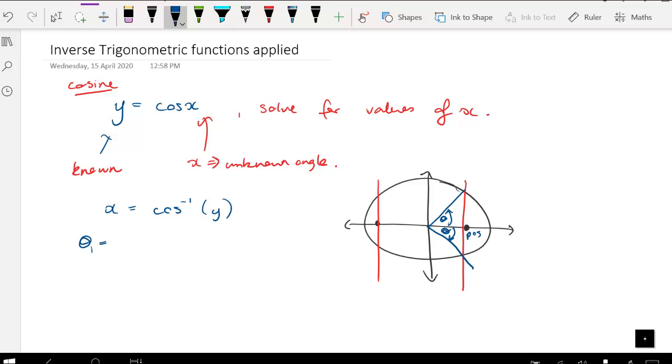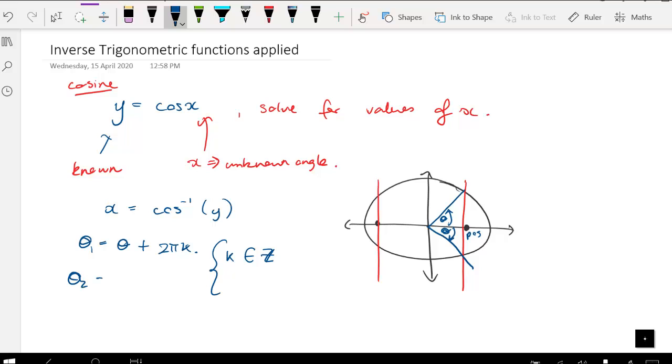Our first angle will be just that positive acute angle plus any coterminal rotation. So we can say that k is an element of a set of integers.